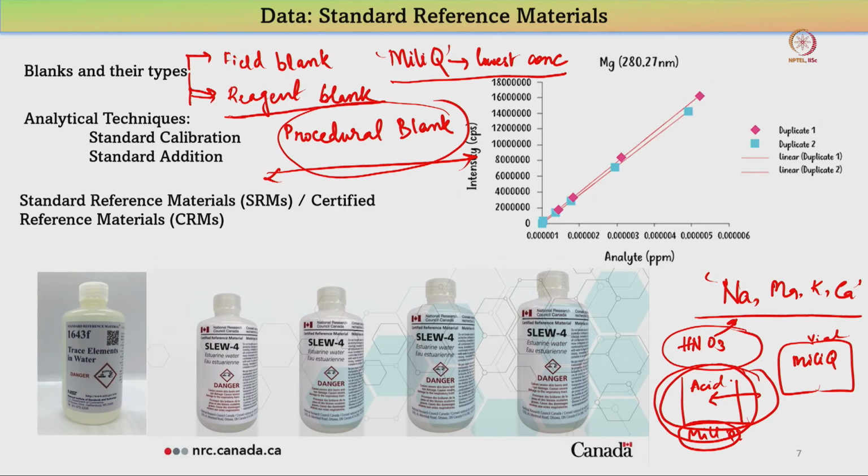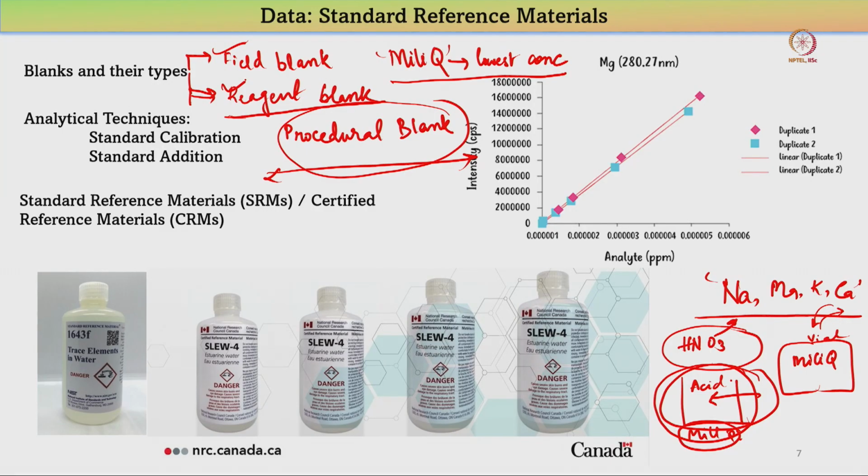You add all the reagents, evaporate, heat, whatever you are doing, the same for all the steps in the preparation technique. Finally, you measure it as a normal sample, and that becomes your procedural blank.